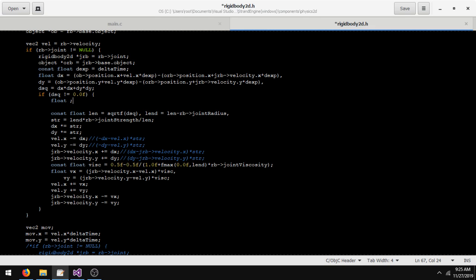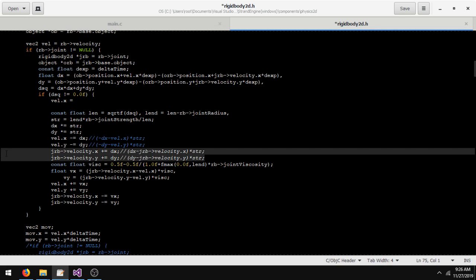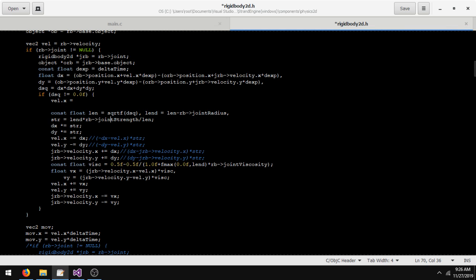Alright, so then I might just actually operate straight on the velocities. Oh yeah, I was also thinking of another technique where I could use a really high joint strength here.